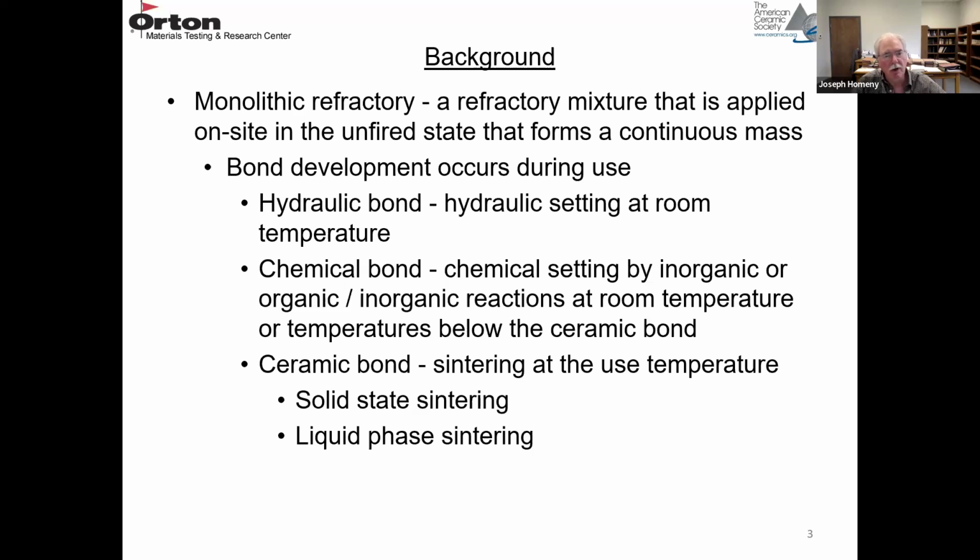So there are different types of bonds. There's a hydraulic bond, hydraulic setting at room temperature. This would be a cement, like a calcium aluminate cement. It's a high temperature cement.